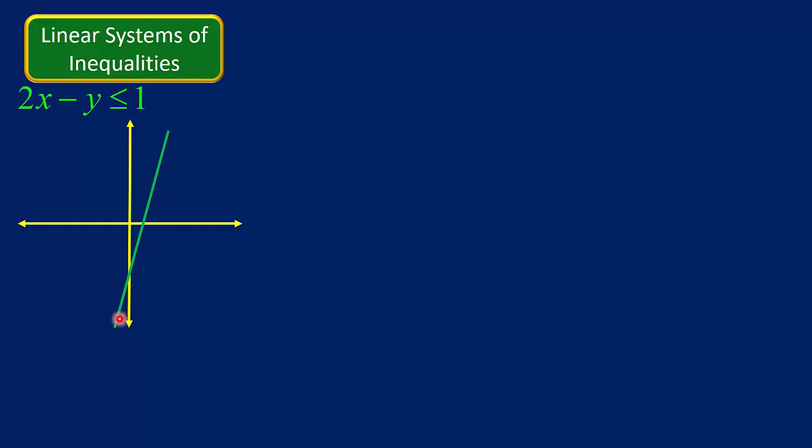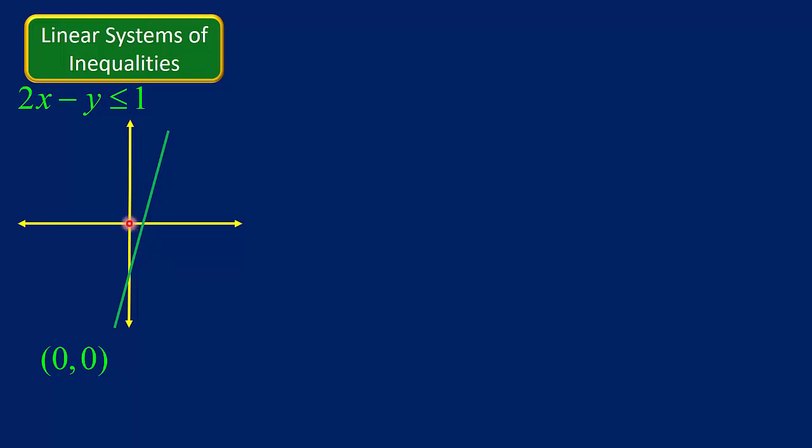Do we shade below this line or do we shade above the line? Well, one of the things I can do is pick a point above or below and test it. If it works, that will tell me which one to shade, and if it doesn't work, that will tell me. So let's suppose I pick 0, 0 right here.